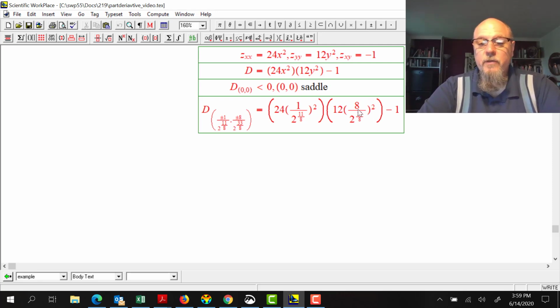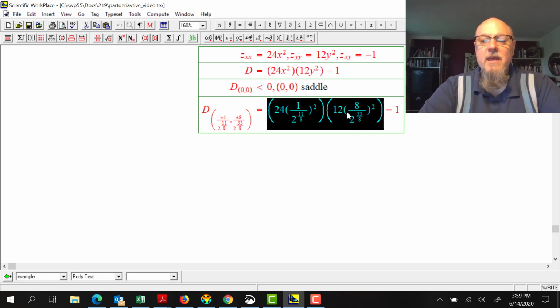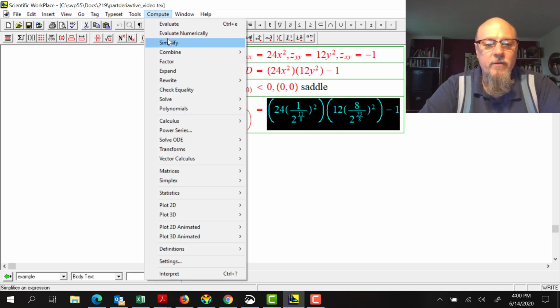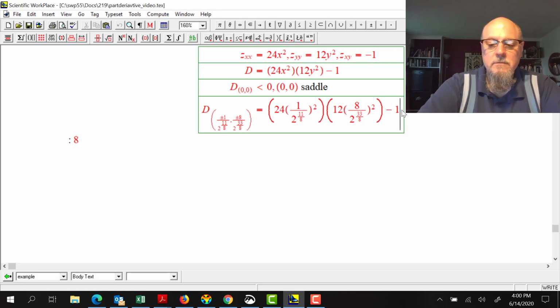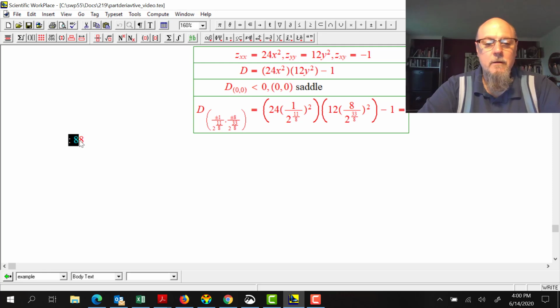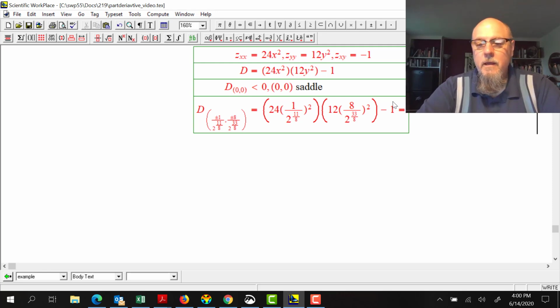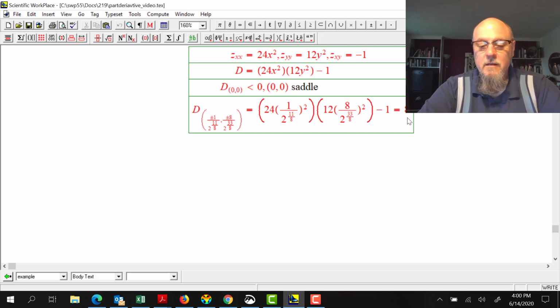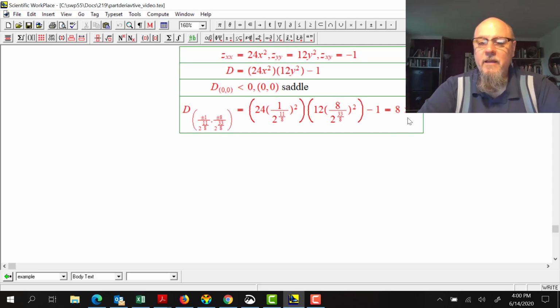All right, this looks like it's got a lot of stuff in it, but I just care if it's positive or negative. So I only need to evaluate this down to a level where I can decide: is this highlighted part bigger or smaller than 1? Let's just simplify. Wow, that's pretty cool. Who knew? It simplifies down to be 8, which, more importantly, is positive.